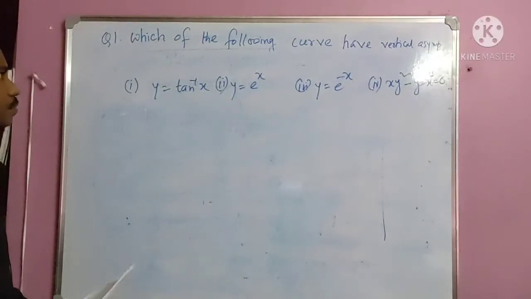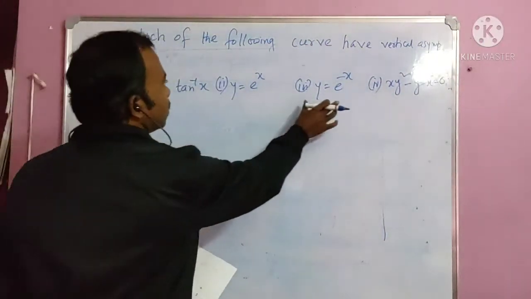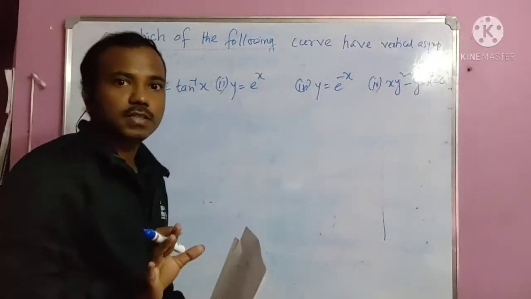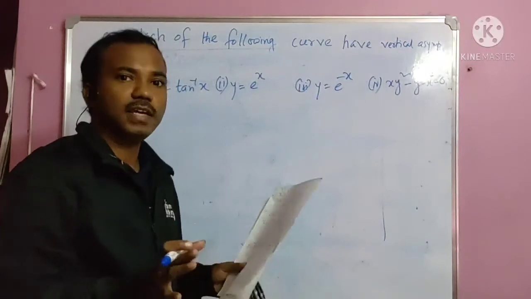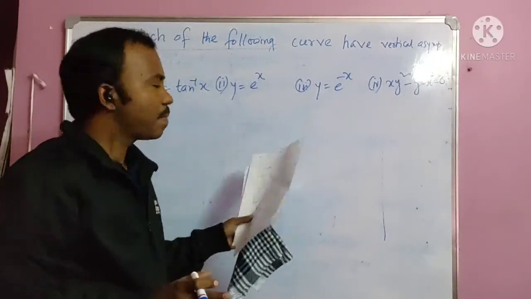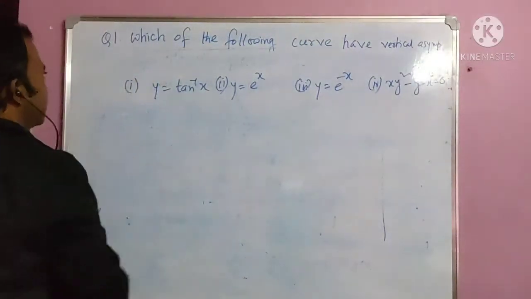Okay. We have to figure out which one among these 4 has vertical asymptotes. Even if we find a horizontal asymptote, that will not be considered here. We have to find a vertical asymptote.